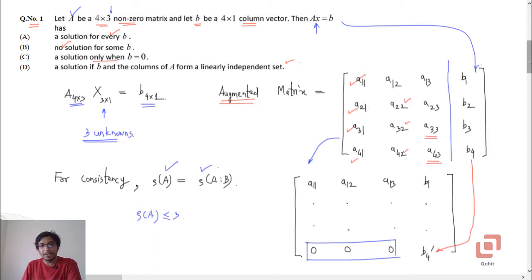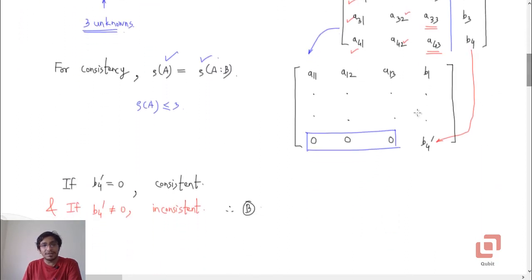Now for consistency the ranks should be the same. So if B4 prime is equal to 0, the system will be consistent, but if B4 prime is not equal to 0, then the rank of the augmented matrix will not be equal to the rank of the coefficient matrix.